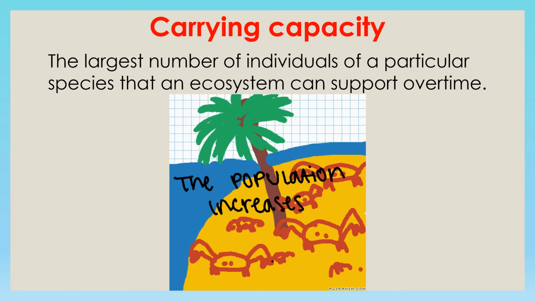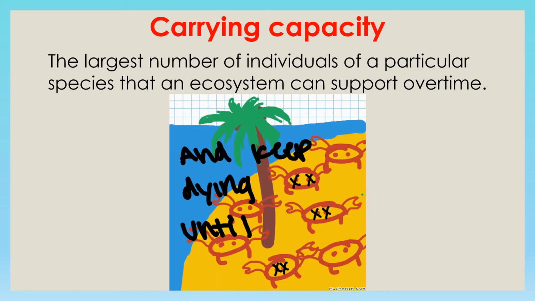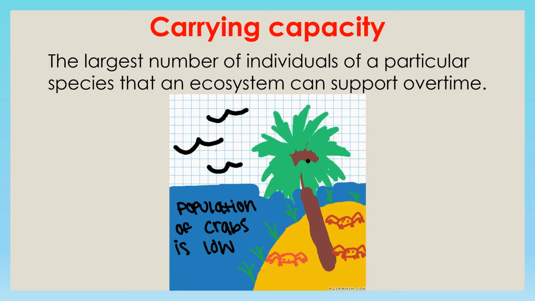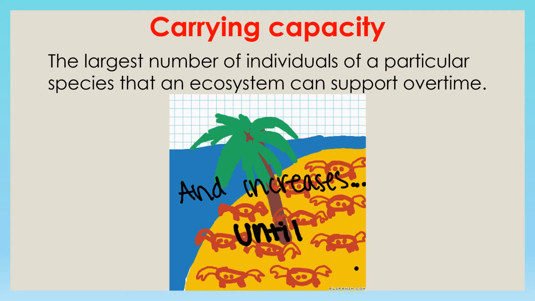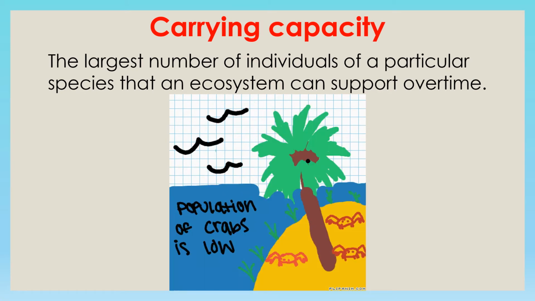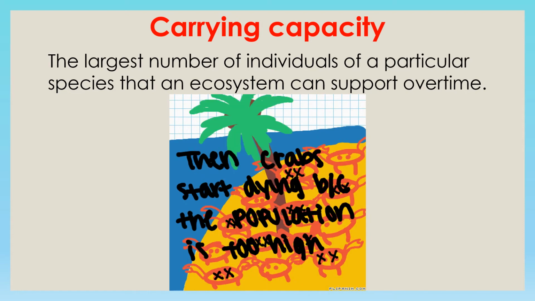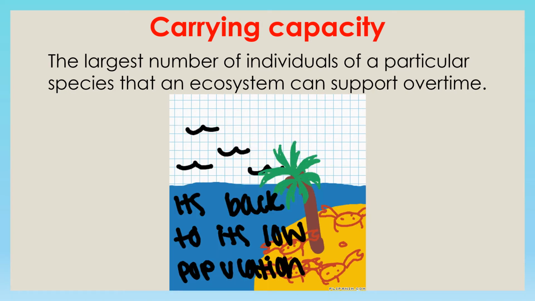A simple example of this is shown in this image. So as you can see, at first the population of crab is low. There are only 3 crabs in the island. So these crabs thrive until they increase in number.